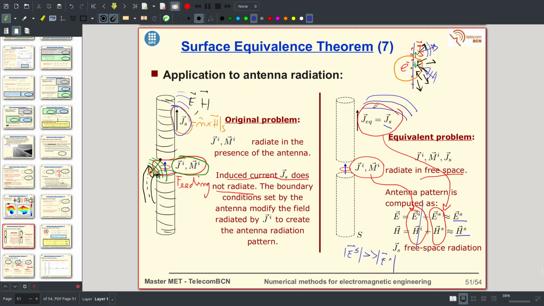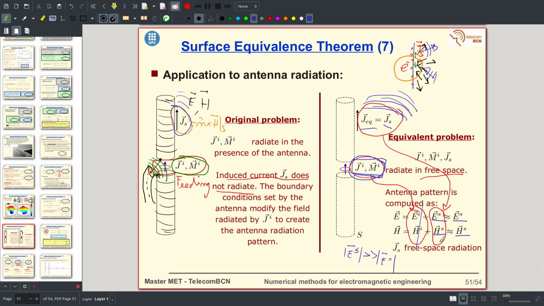You compute the radiation of the equivalent current in free space, and you neglect the radiation of the impressed sources because it's very small. In fact, if you use a computer simulation software or your own software, if you write the code, you do compute the radiation of the impressed currents in free space and add it to the radiation of the equivalent currents.